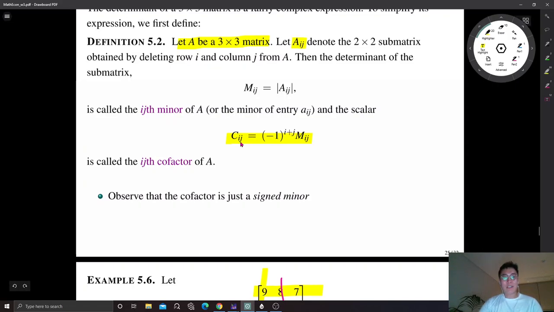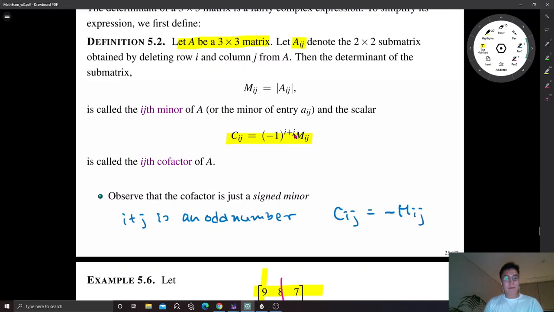So let me write down here. If i plus j is an odd number, then C sub ij is going to be negative m sub ij.